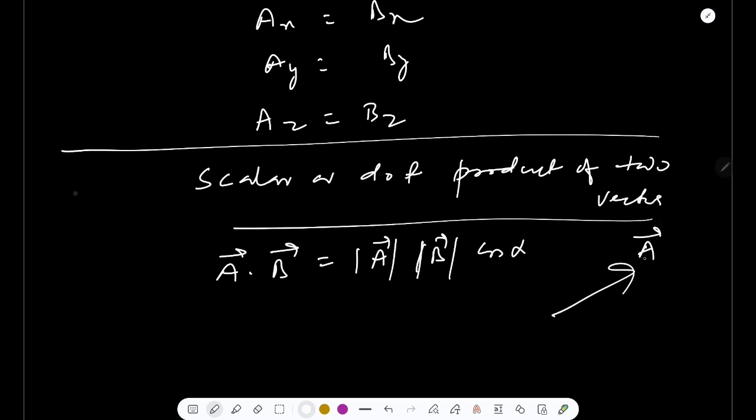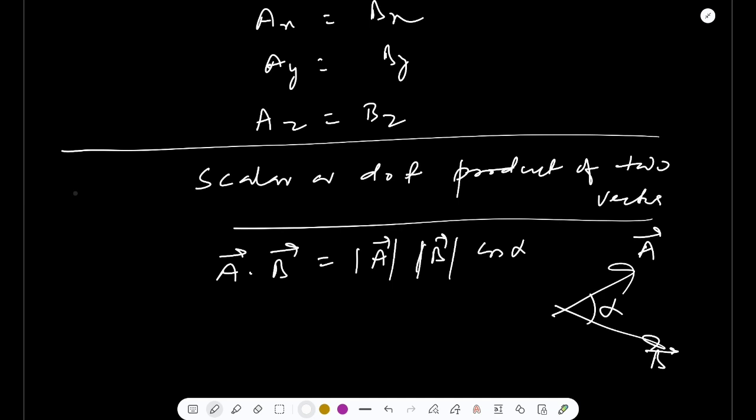Suppose we have two vectors, vector A and B, and the angle between them is alpha, then you should write like this. And you will notice immediately that the dot product may involve vectors of different dimensions. Here A can be force and B can be displacement. So they may involve vectors of different dimensional representation, and it may be positive, negative, or zero.